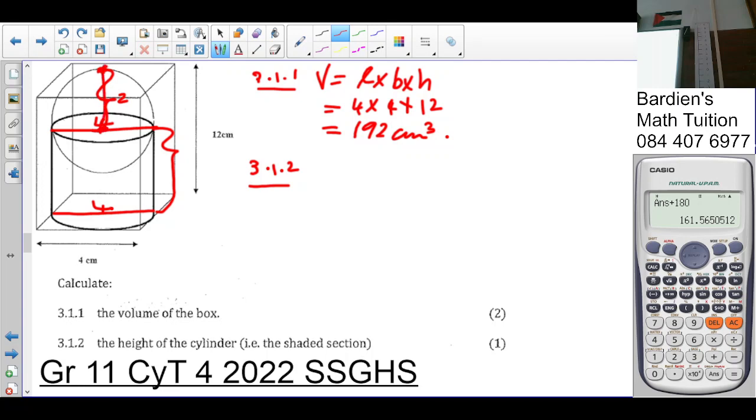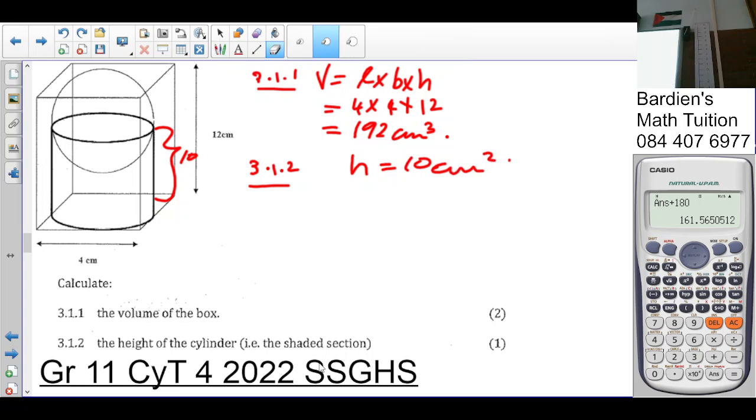So if that is 2, 12 less 2 will give you a height of 10. So the height is equal to 10 centimeters. Not squared. Centimeters. Right, you guys still with me?